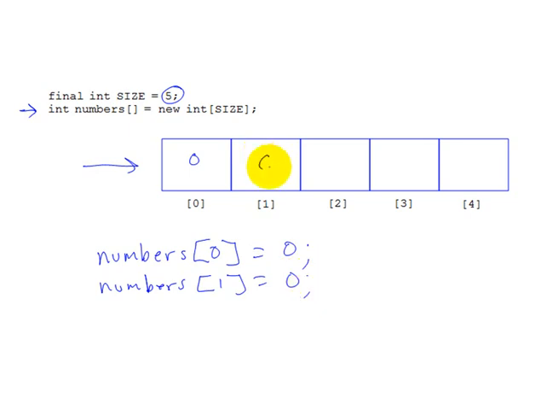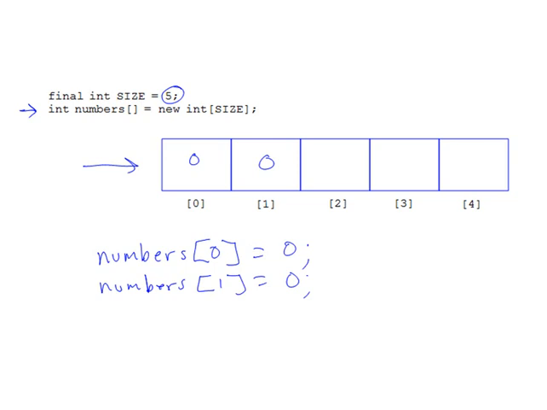That puts 0 here in the second element. But you're probably starting to think that this is going to get old. These are a lot of assignment statements, particularly if the array is large and has a lot of elements. We wouldn't want to write individual assignment statements like this for an array that had 100 elements or 1,000 elements.